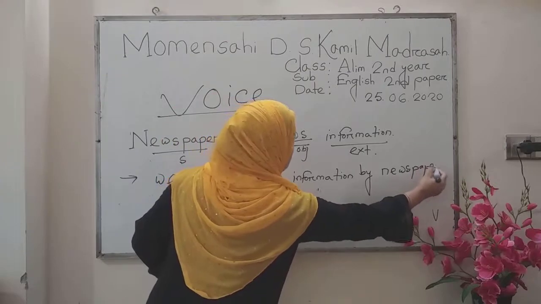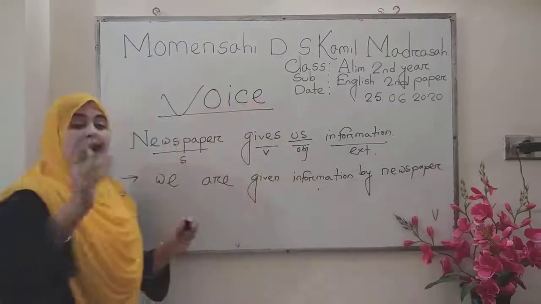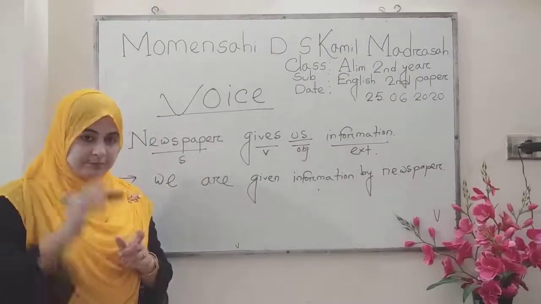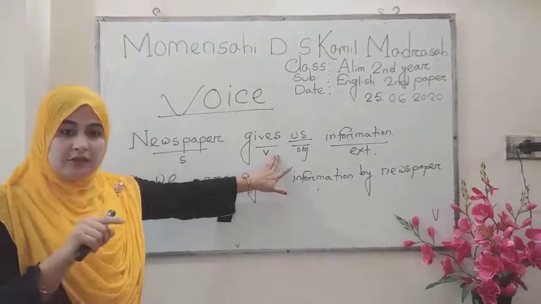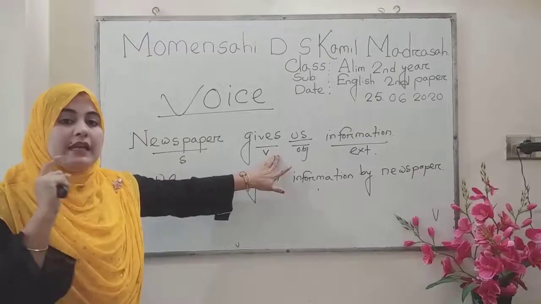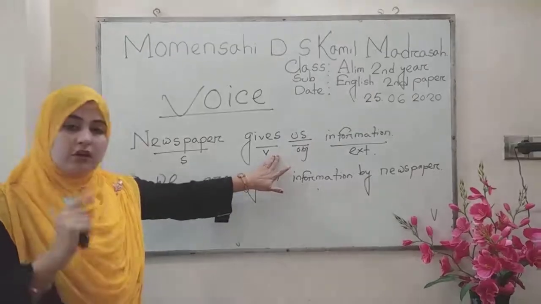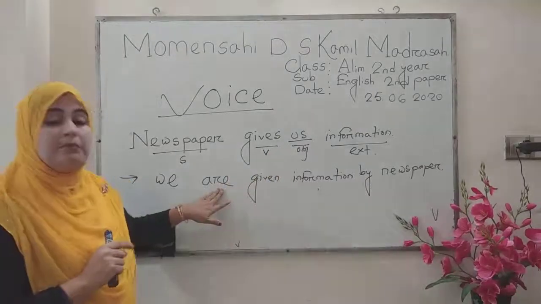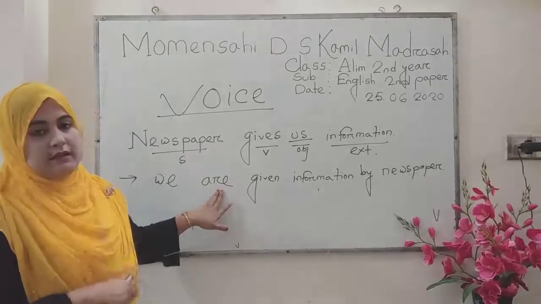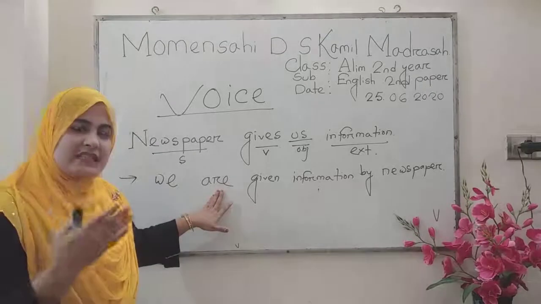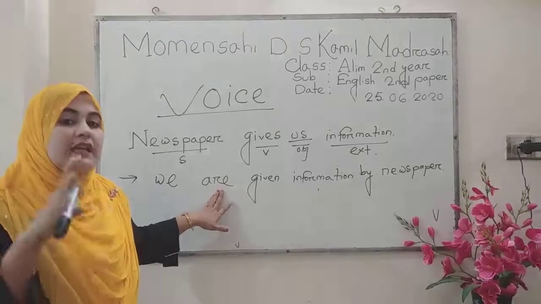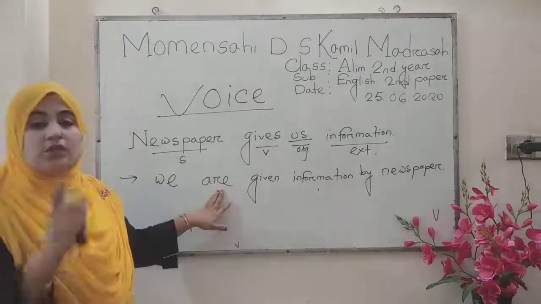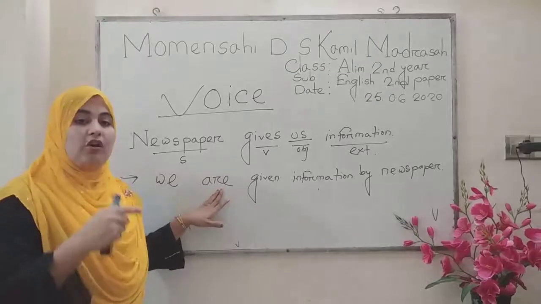Okay, my dear students. Again I clarify it. Look, as it is present indefinite, you need to write the auxiliary am, is, are. But if it is past indefinite, you need to write was or were.